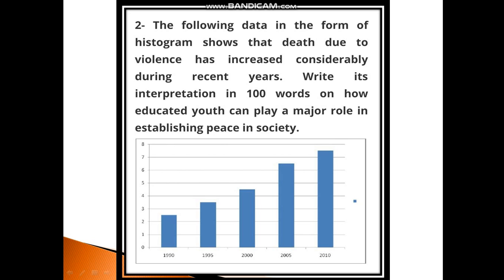Now, herein you have been given the year and also the death due to violence. Okay, so now here you can see that it's been increasing every 5 years, right?